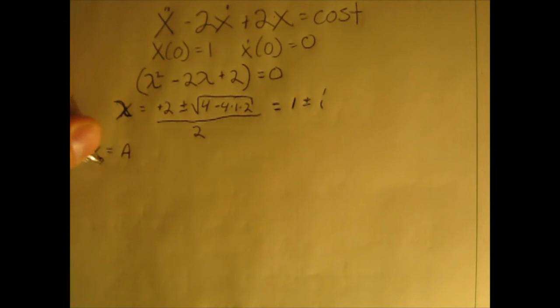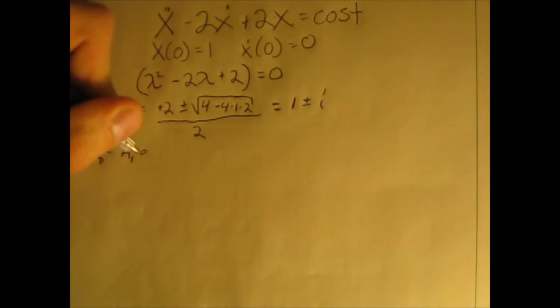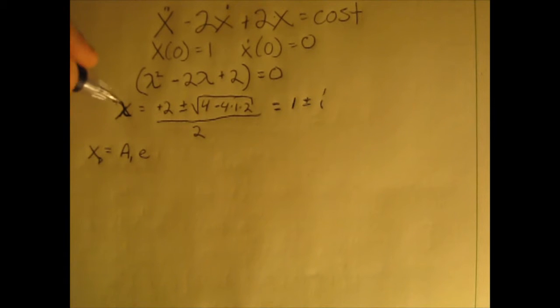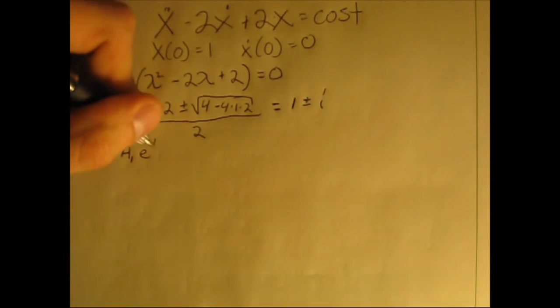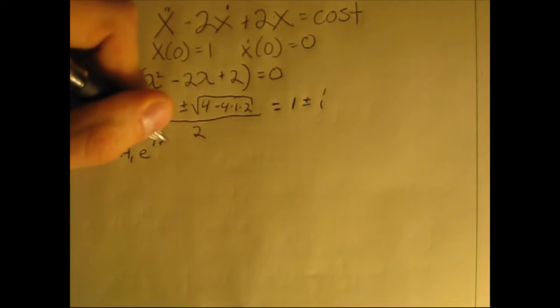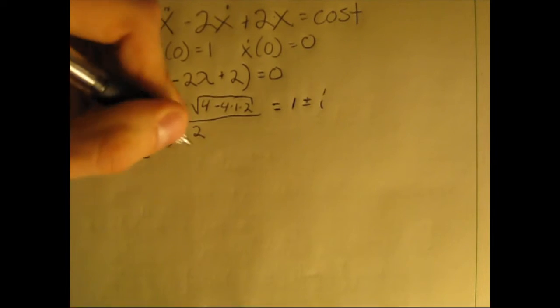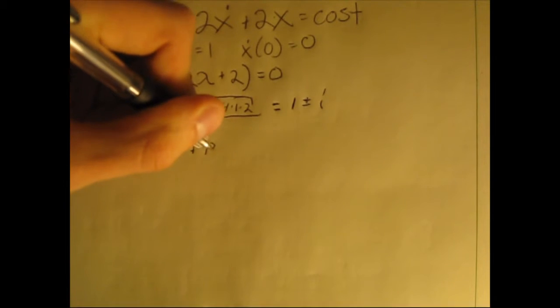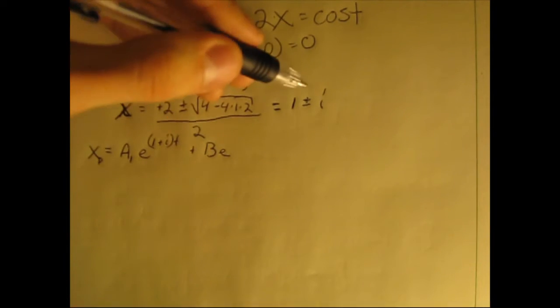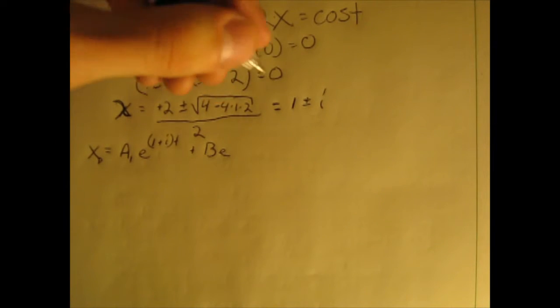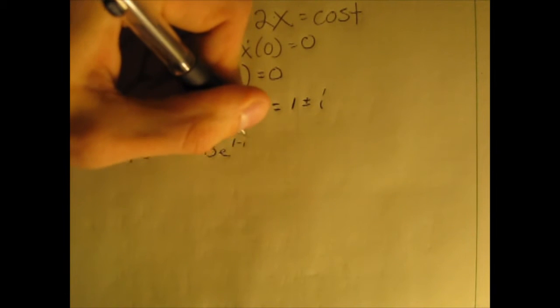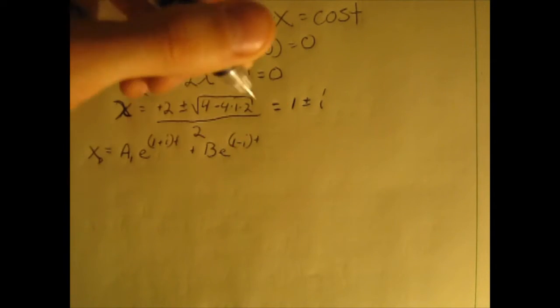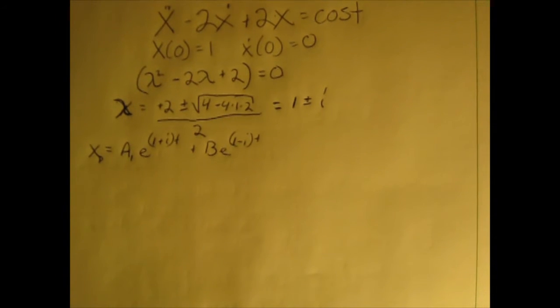We'll assume that this is equal to some constant, we'll call it a1, times e to the lambda times t, so it'll be 1 plus i times t. And then this next part will be b times e to the other term, because it has 2 roots, so it'll be 1 minus i times t. There we go. We have our solution right there.